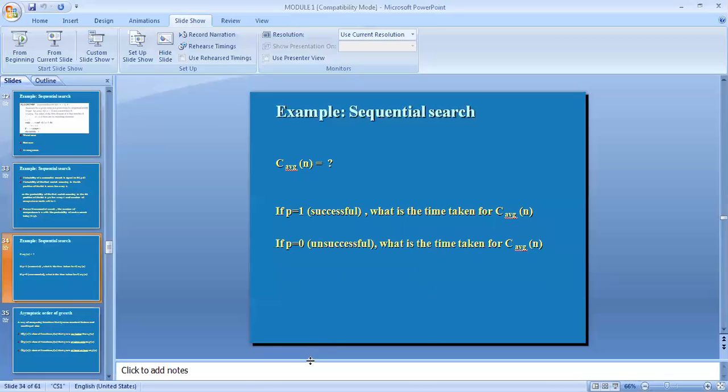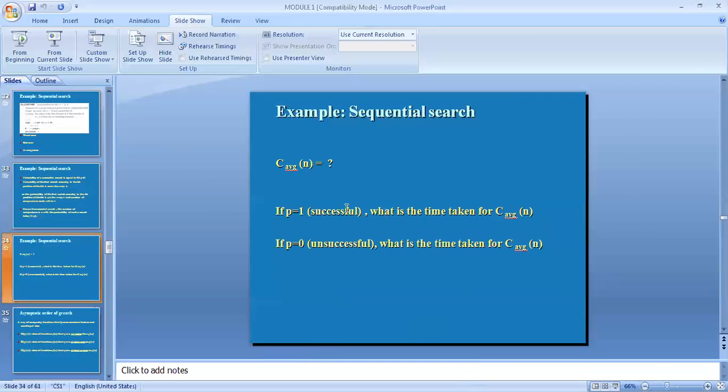If it is a successful search, if p is equal to 1, what is the time taken for C average of n? And if it is unsuccessful, what is the time taken for C average of n?